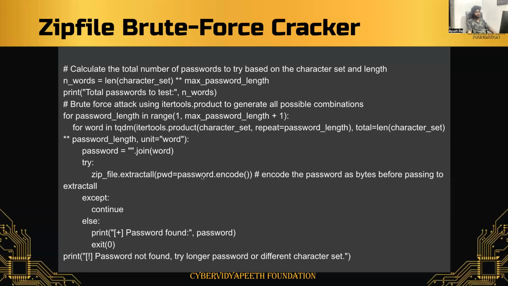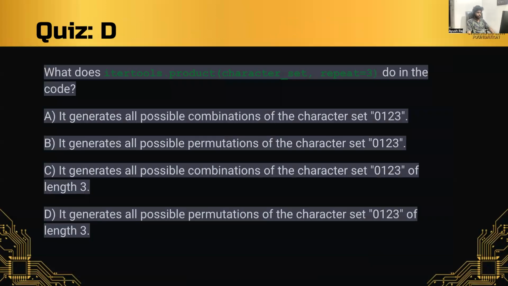Or in the last one we did the strip thing, so you can do both. And here if it finds the password, then it will print it. Otherwise it will say password not found, try longer passwords or different character sets. So if the password is not found, that means the character set is not enough to crack the password, or the length of the password is not sufficient. So these are the two cases.